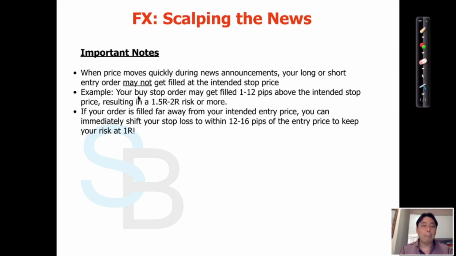So for example, your buy order may get filled 1 pip, 2 pips, or even 12 pips above the intended buy stop entry price. When that happens, and if it goes back down and hits your stop loss, you will end up losing more than 12 pips. You may end up losing 15 pips or 16 pips and end up with more than a 1R loss. A 1.5R loss is possible as well.